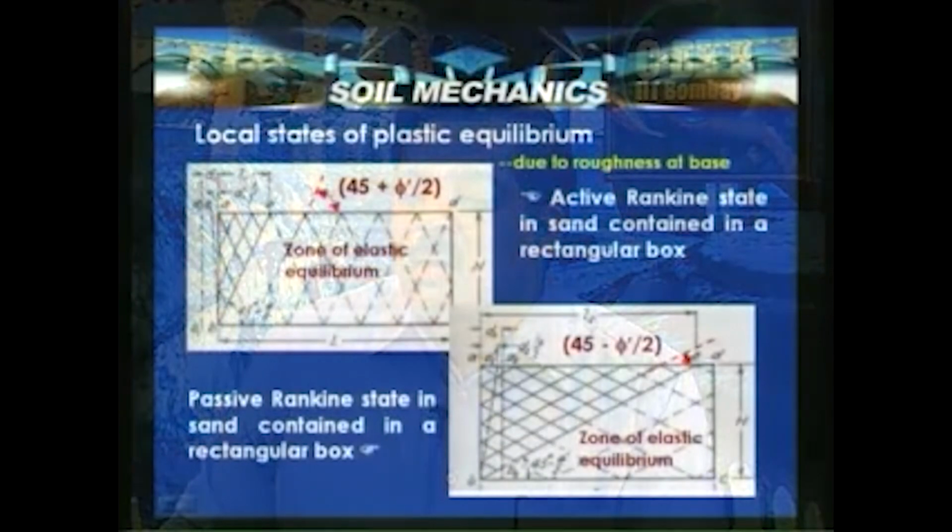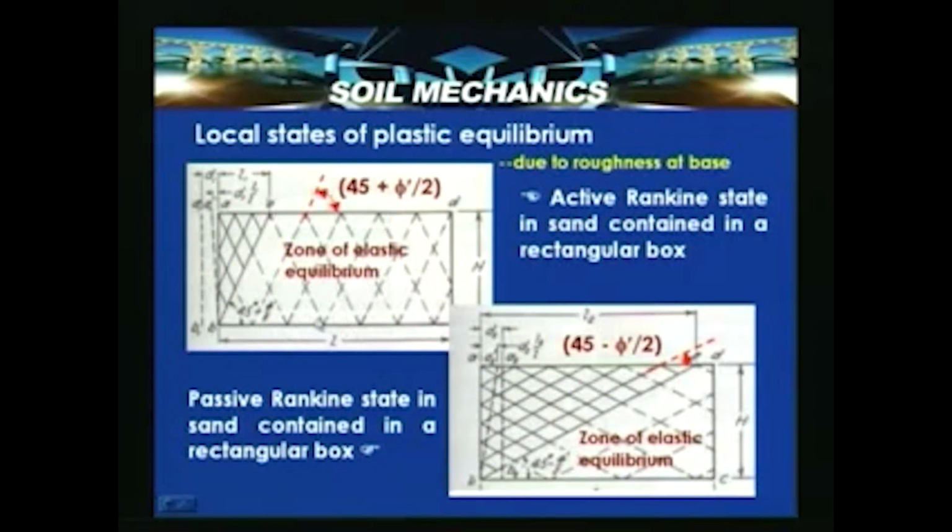That is possible in principle, but it is next to impossible in conditions like retaining walls resting on soil, because of the roughness at the base, there is a possibility of local states of plastic equilibrium developing. In the zone in which the plastic equilibrium or sliding failure wedge develops, the remaining portion of the soil remains in a state of elastic equilibrium.